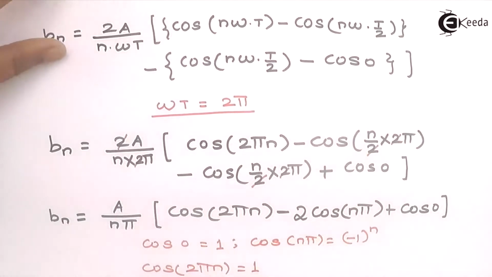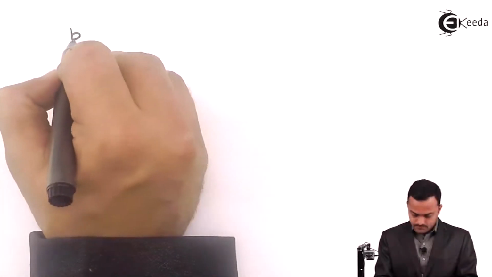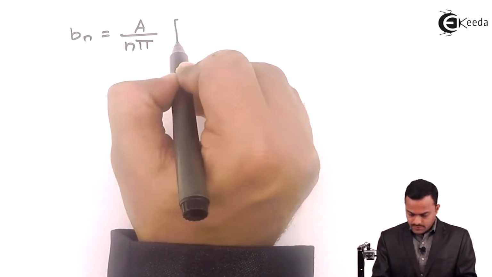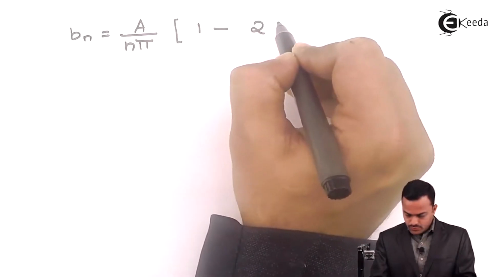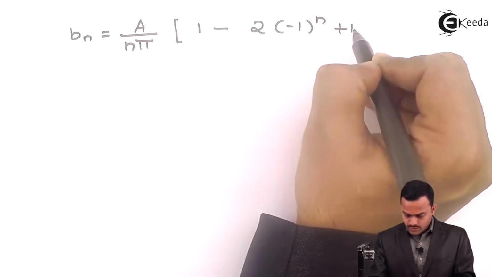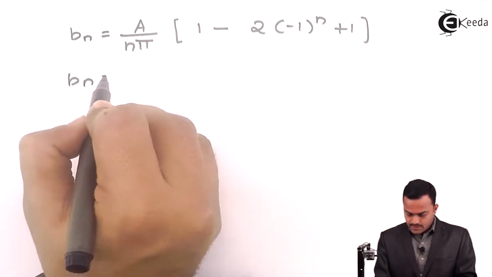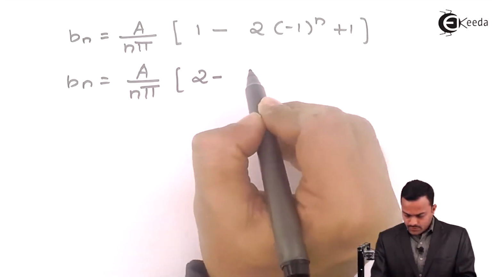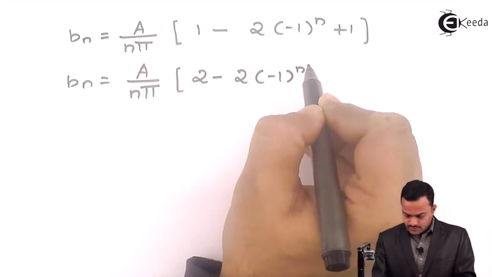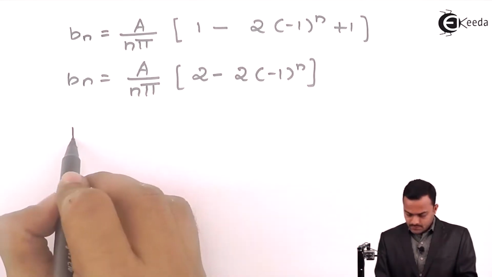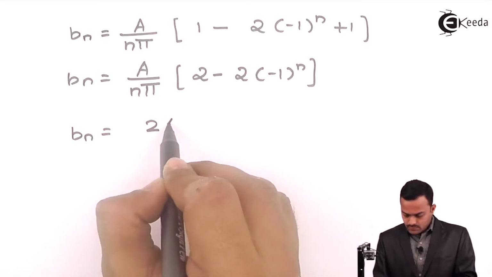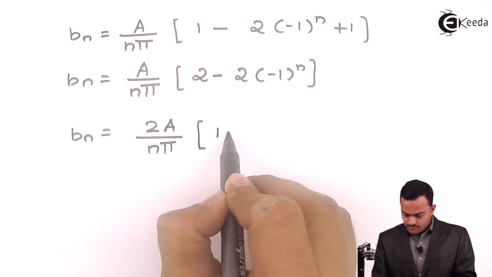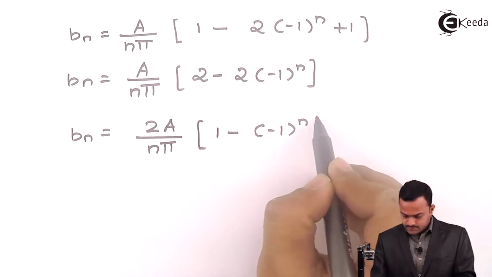So we'll get Bn as a upon n pi in bracket 1 minus 2 into minus 1 raised to n plus 1. So Bn is a upon n pi bracket 2 minus 2 into minus 1 raised to n. I can take 2 common. So Bn is 2a upon n pi in bracket 1 minus minus 1 raised to n.